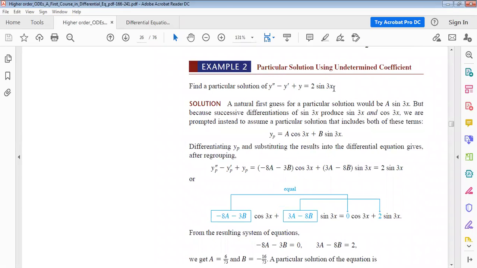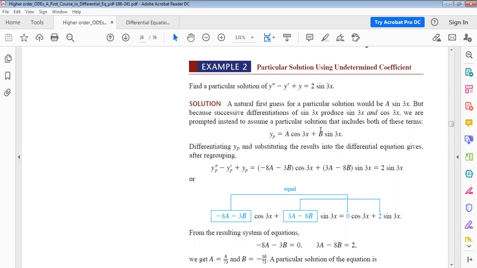Sine becomes cos after differentiation. This is why we are prompted to instead assume a particular solution that includes both these terms. We have to take the particular solution taking both these terms. Okay, a sine 3x plus b cos 3x. We have to take this as a particular integral because the differentiation of this will give cos.